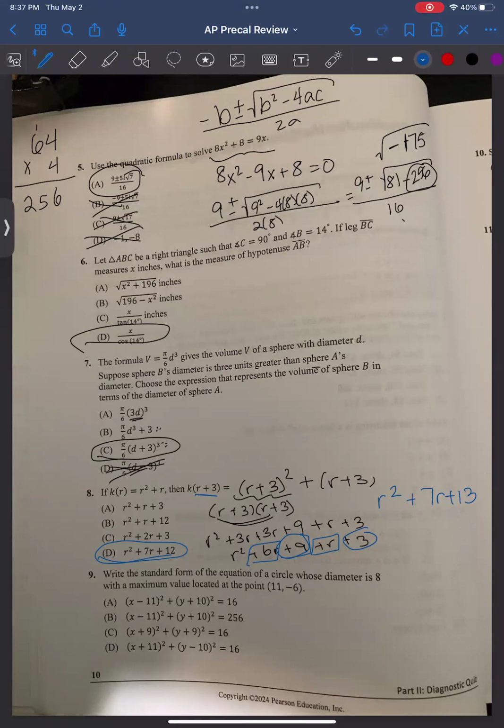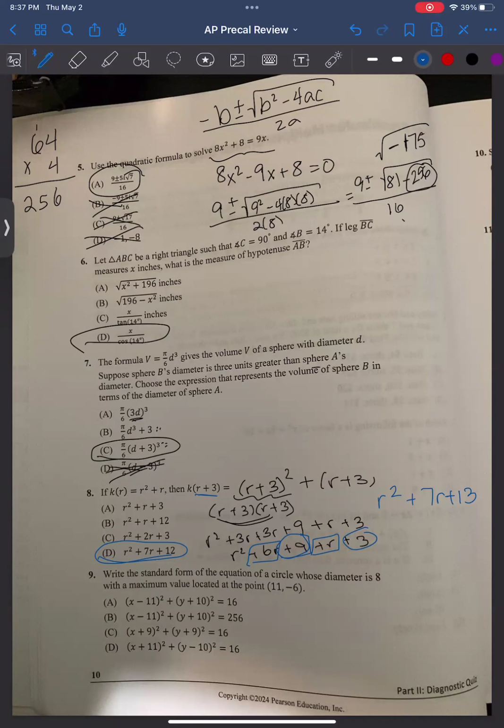So this is a horrible, horrible question where essentially the standard form of a circle involves completing the square or some other horrible nightmare.